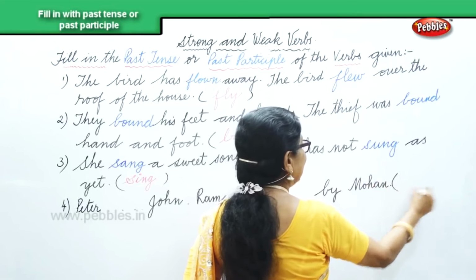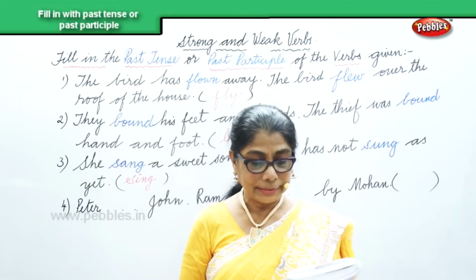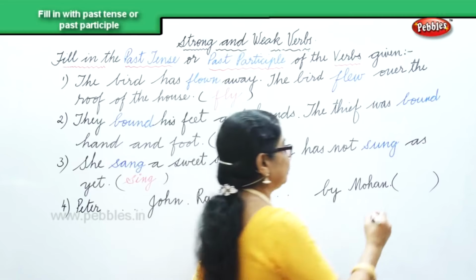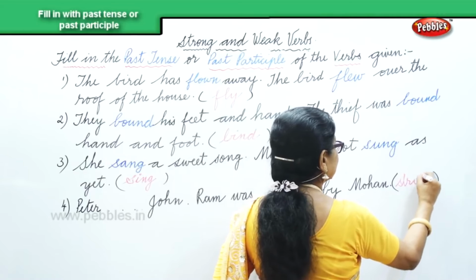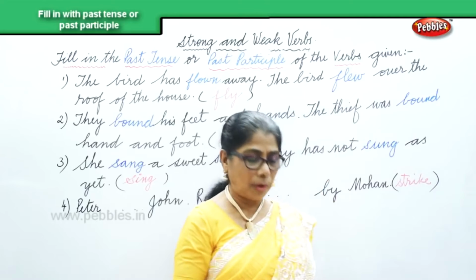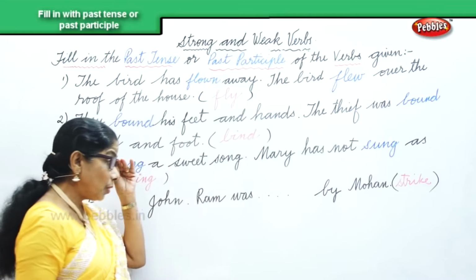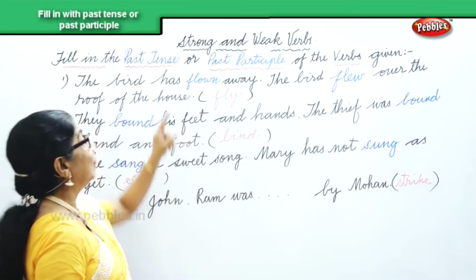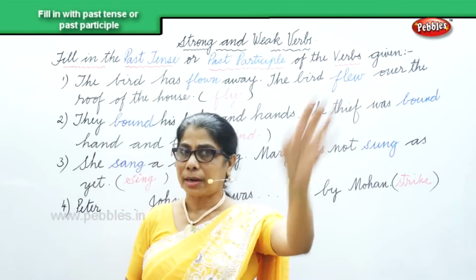I have two sentences, and the verb given, present tense, is strike. Strike, that is to beat. Strike someone. Now the strike is the present, the past is struck, past participle also struck.